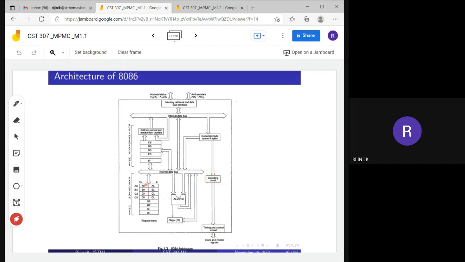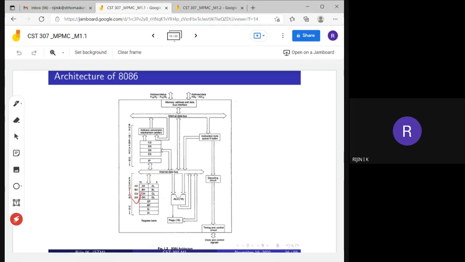First, we can see the general purpose registers. In the 8086 there are four general purpose registers: A, B, C, D. These are 16-bit registers: AX, BX, CX, and DX.